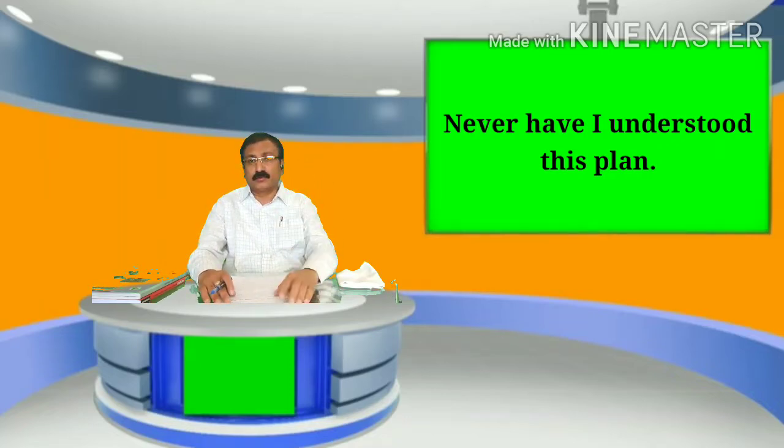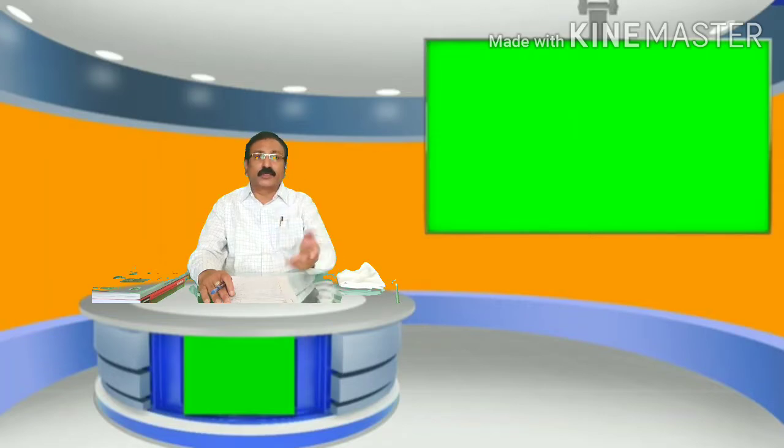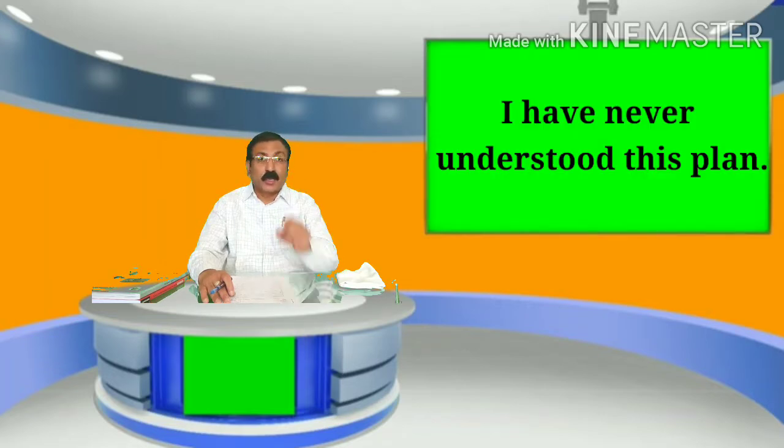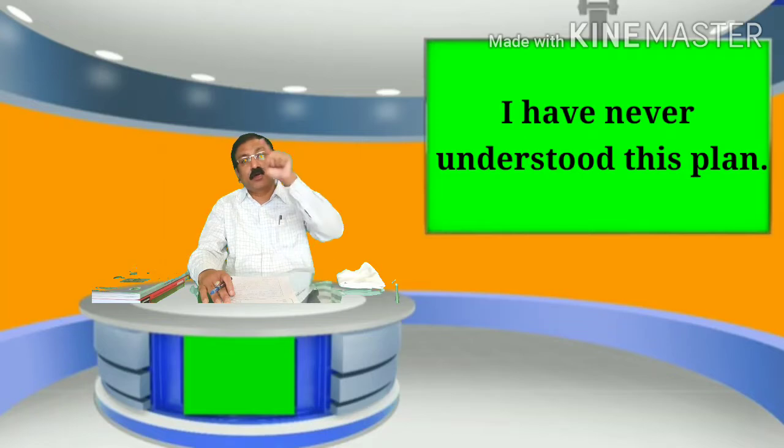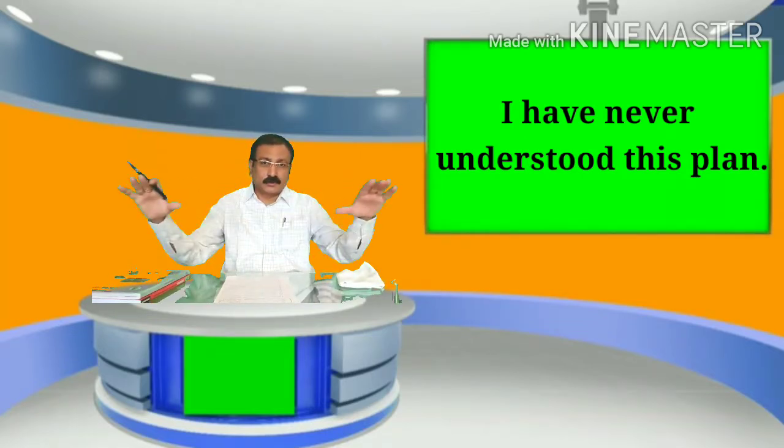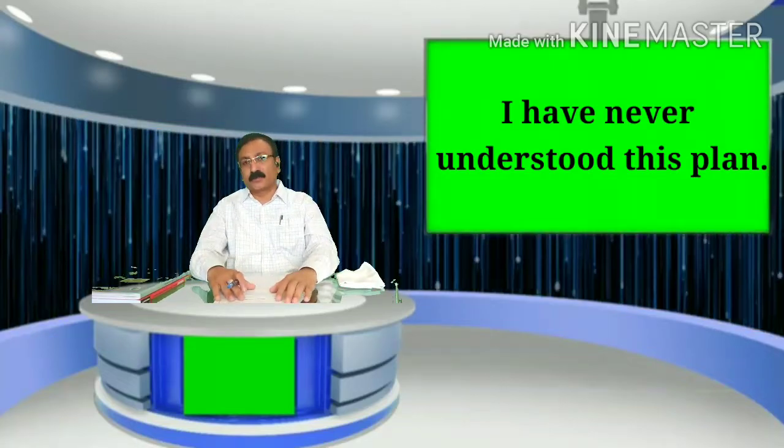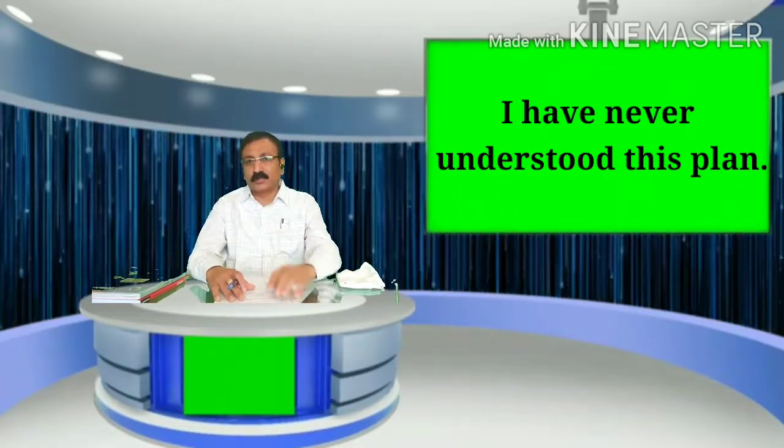Never have I understood this plan. This is also an example of the figure of speech inversion, because I could have written this sentence in this way: I have never understood this plan. So this is the normal pattern, the normal construction in the English language.